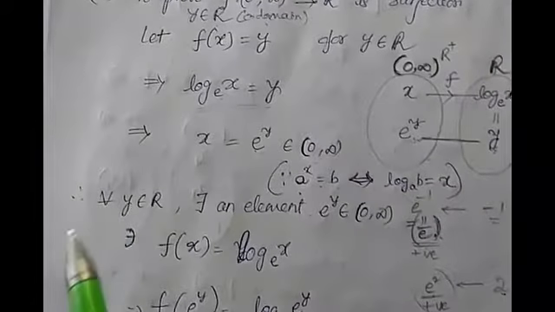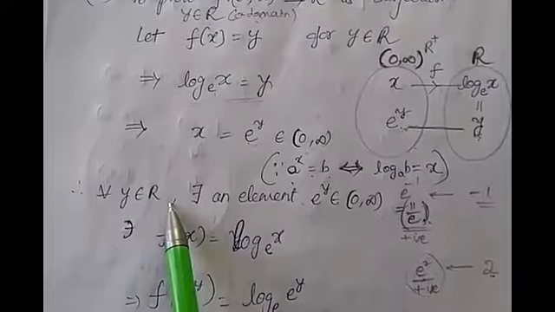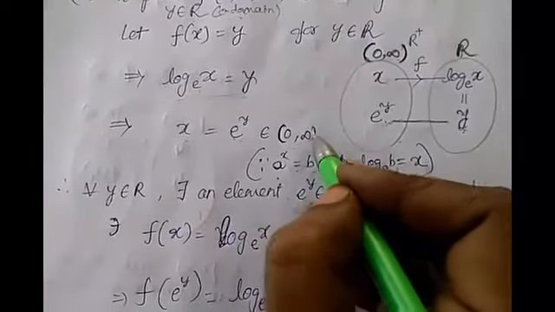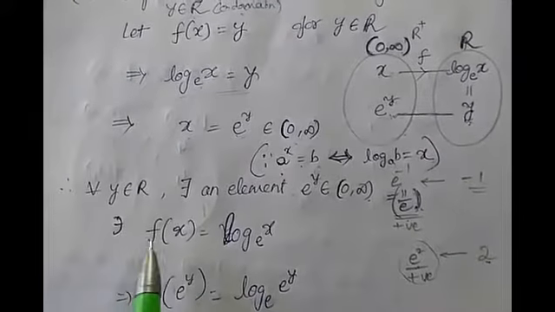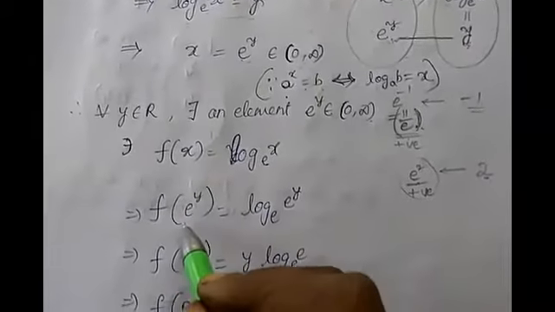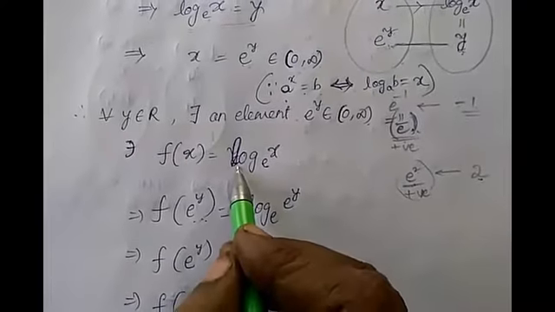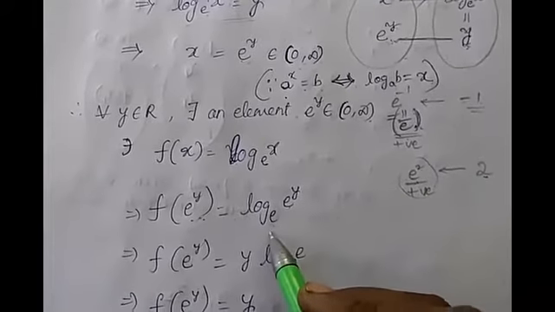We can write it like this. For every y belongs to R, there exists an element e power y belonging to the domain, the open interval 0 comma infinity, such that f of e power y is equal to what? Substitute e power y in this function: log e power y base e.